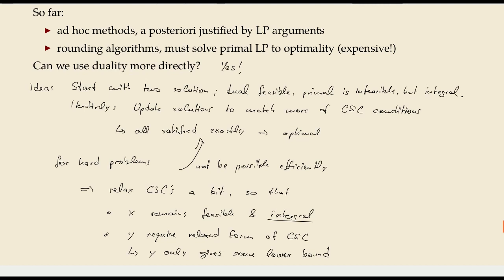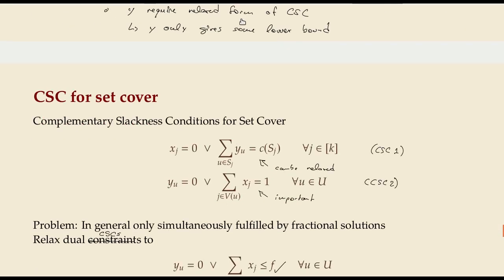And then we update the solutions to match more of the CSC conditions until the primal is feasible. And we always keep the dual feasible so that we always have a bound on how good we can ever get. And that's how it works. And by relaxing the conditions a bit, we stop a bit earlier than we would actually do normally, because we can't jump over the integrality gap.